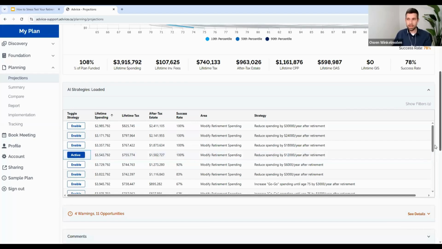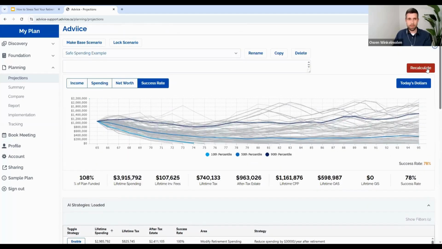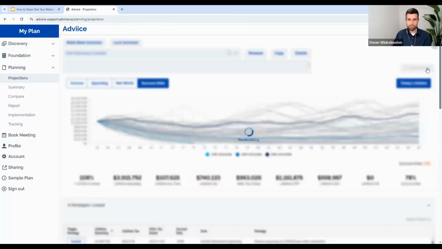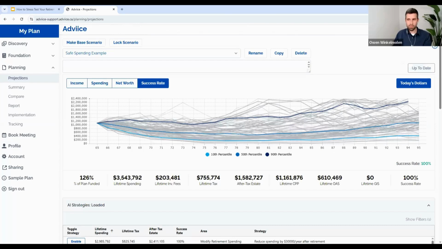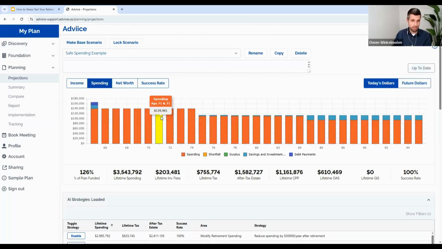So if we enable this strategy and rerun this example, now we've got a 100% success rate. Even in those worst case historical periods, they can still spend, in this case now, 140,000 a year in early retirement. Still a very generous number for early retirement spending.